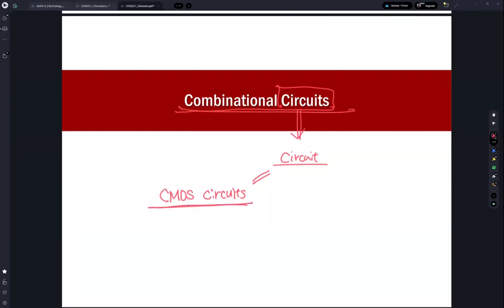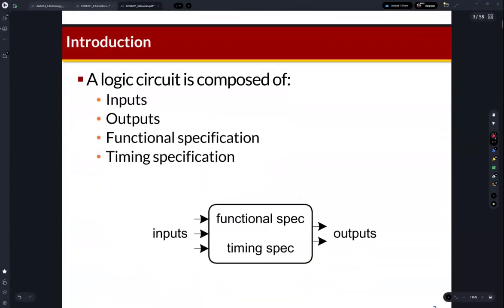So you can think that this is a combination of circuits and CMOS circuits, and that we will learn about electric circuits again. That's true, but now we can understand the behavior of this circuit in a digital manner, right? And now we will learn about combinational circuits.